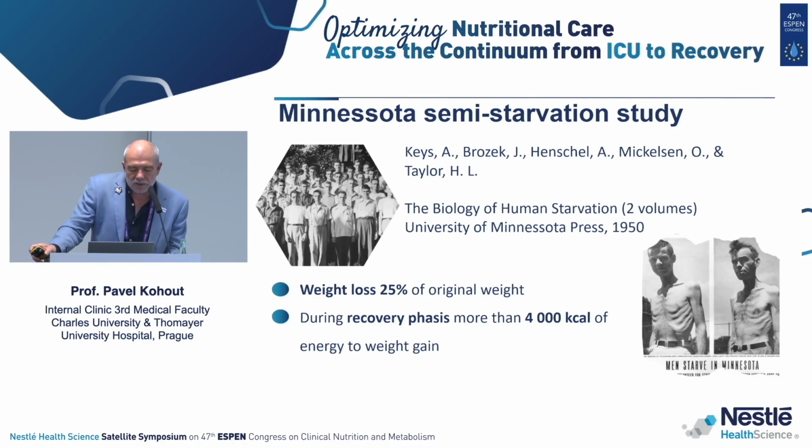You know the Minnesota semi-starvation study, and during recovery phases, the patients needed about 4,000 or 5,000 kilocalories of energy for weight gain, not 2,050, but 5,000, and those were healthy persons before this starvation in this study.